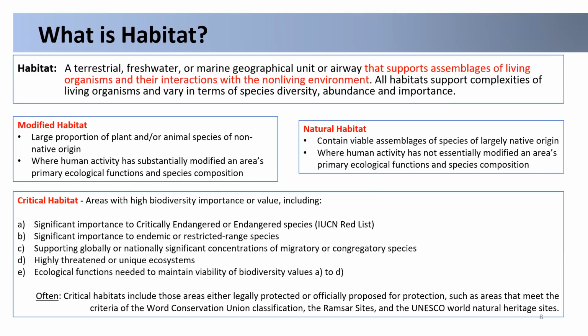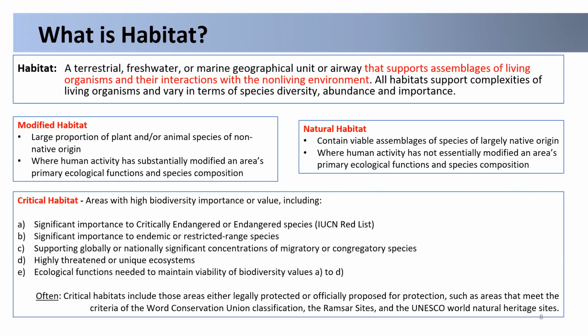So often, critical habitats include those areas either legally protected or officially proposed for protection, such as areas that meet the criteria of the World Conservation Union classification, Ramsar sites, and UNESCO World Natural Heritage Sites. But please know that our protection system nowhere in the world is perfect, and there are definitely critical habitats outside of these protected areas.